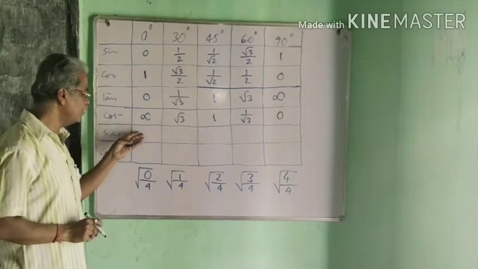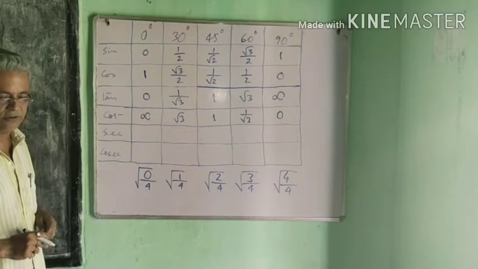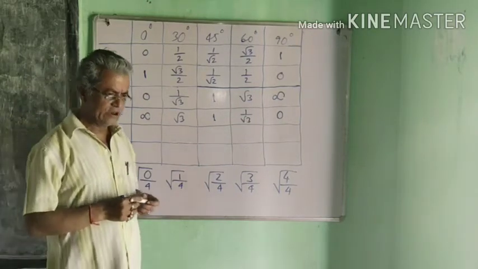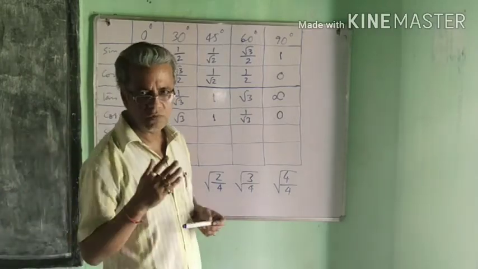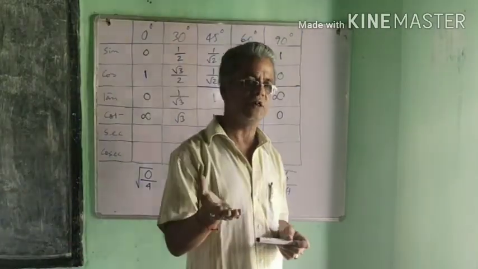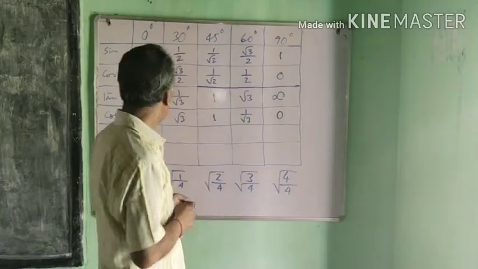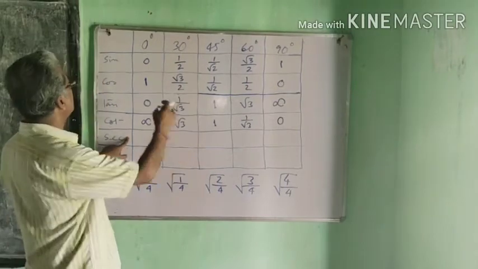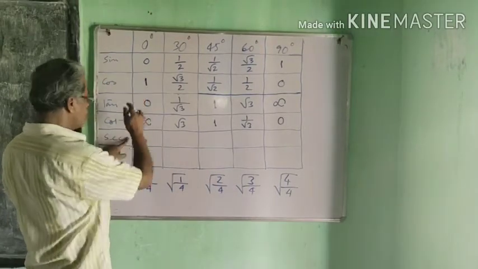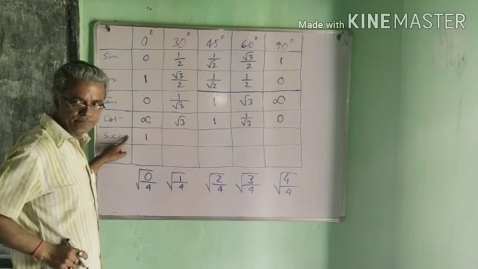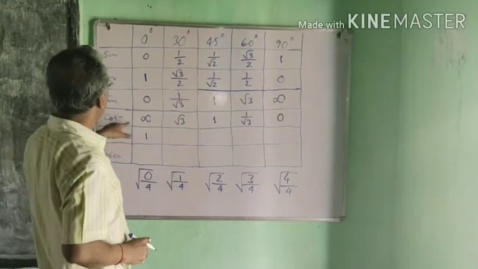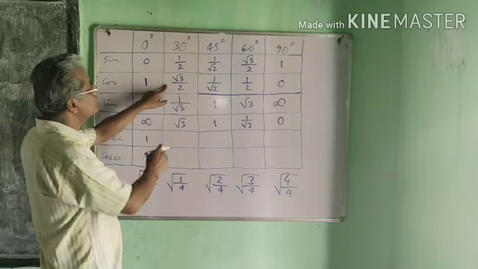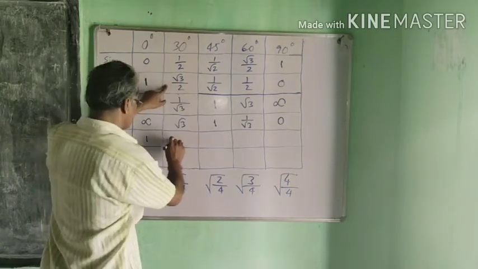Now how will you find the values of secant? You know, sec is the reciprocal of cos. So sec theta is 1 by cos theta. Ultimately, sec 0 degree is 1 by cos 0 degree. Cos 0 degree is 1, so 1 by 1 is 1. Sec 30 degree is 1 by cos 30 degree, that is reciprocal of root 3 by 2, that is 2 by root 3.